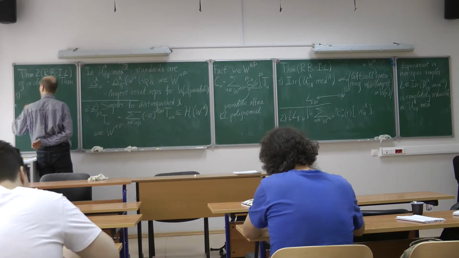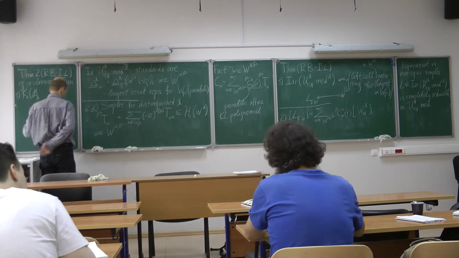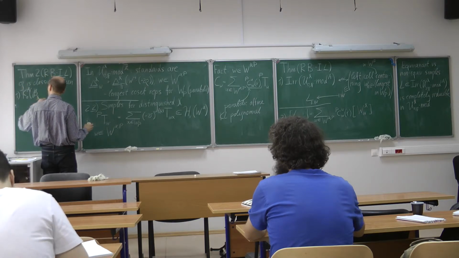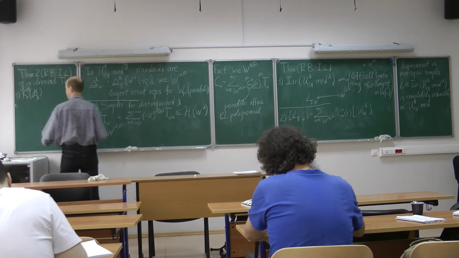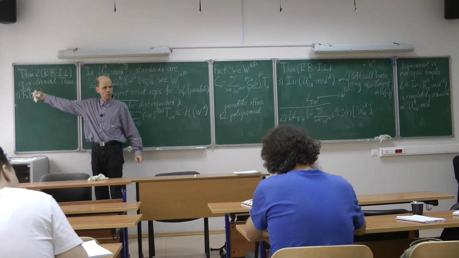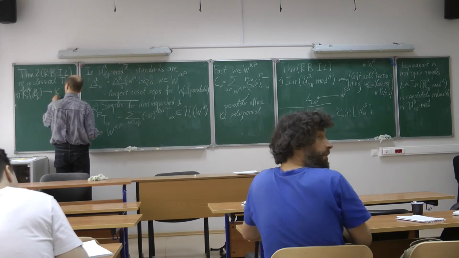So first of all, if you take the map from the equivariant K0 of the Springer fiber, for which I will use this notation, to the invariant part of the usual K0.